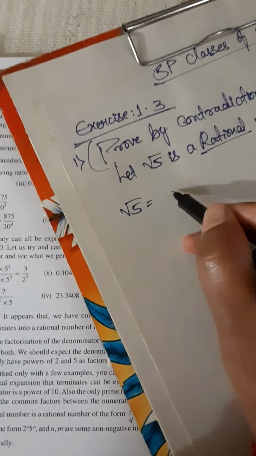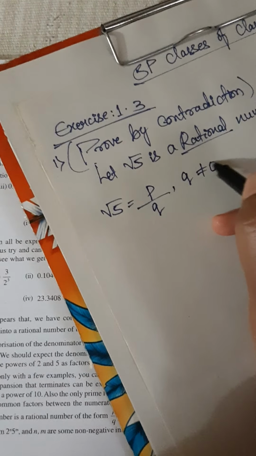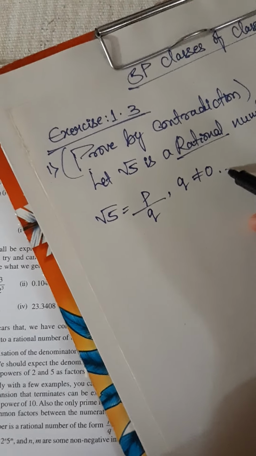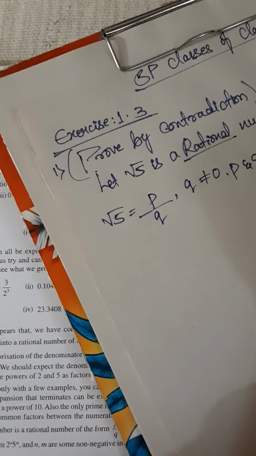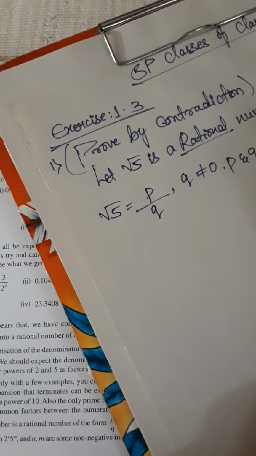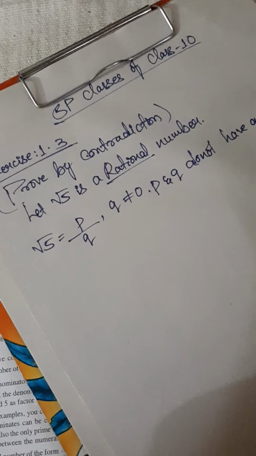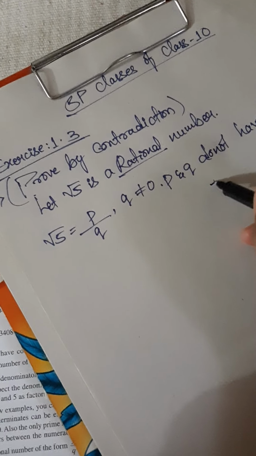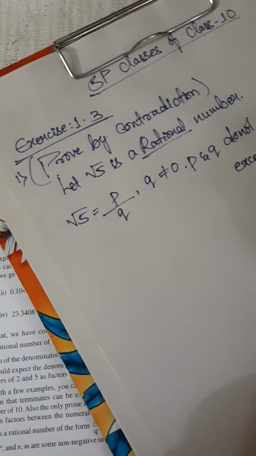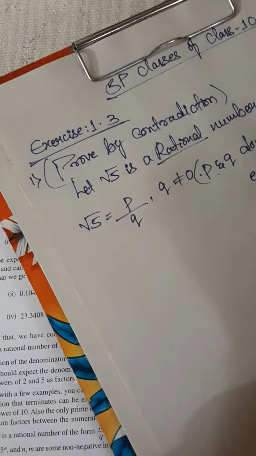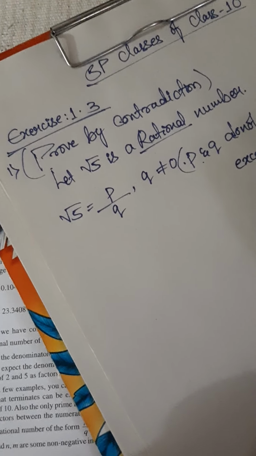Root 5 is equal to p by q, because it is a rational number, where q is not equal to 0, and p and q do not have any common factor except 1. Here p and q do not have any common factor except 1.